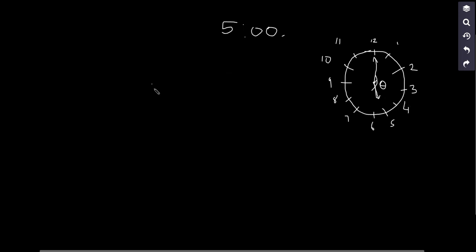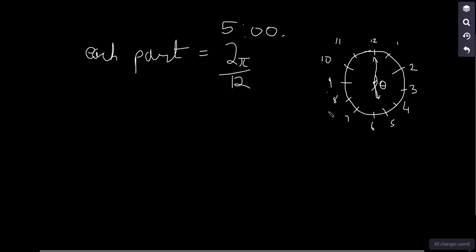Okay, let's solve the question. If we consider this whole clock as a complete circle divided into 12 equal parts, then each part is what? Is it 2 pi by 12? Yes, absolutely. The whole circle, 360 degrees, is 2 pi.